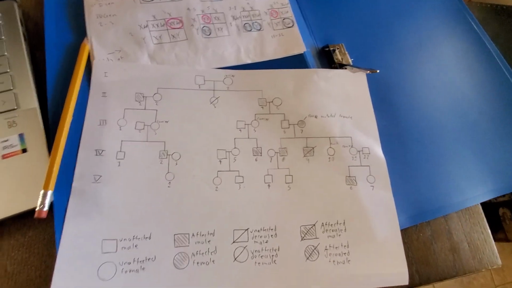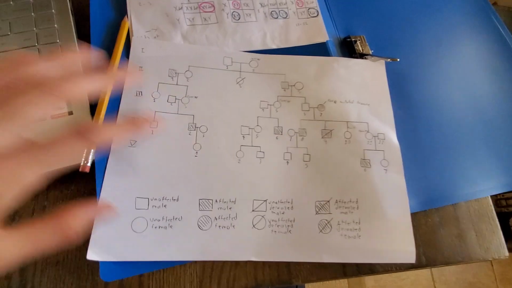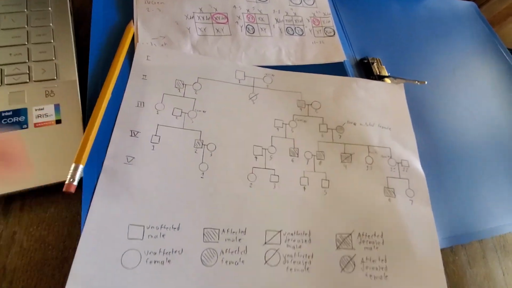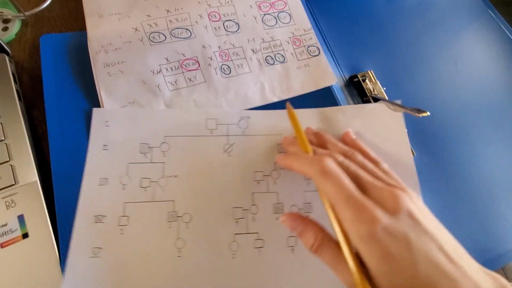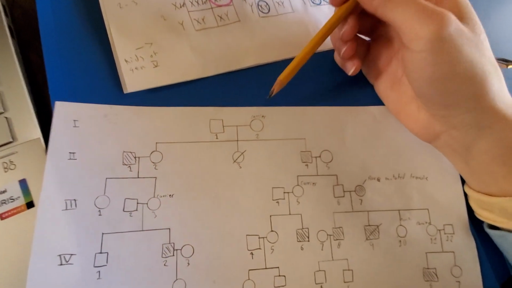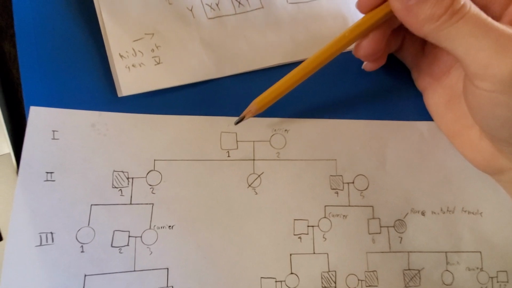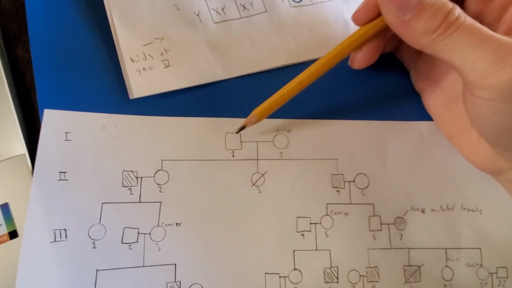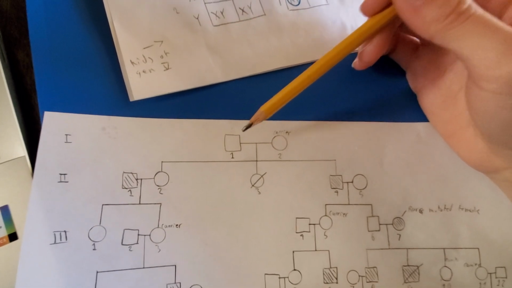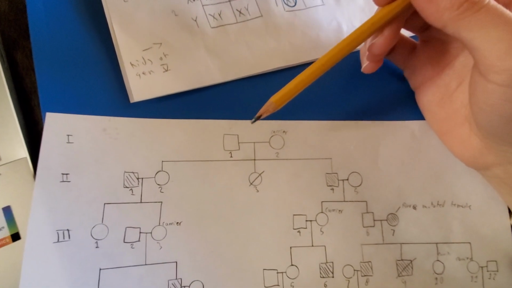So in this case, I made this family tree of 5 generations. I will just explain 3 cases of how the disease could be transmitted. Here, the square is a male and is not colored, which means he is not presenting the G6PD deficiency.